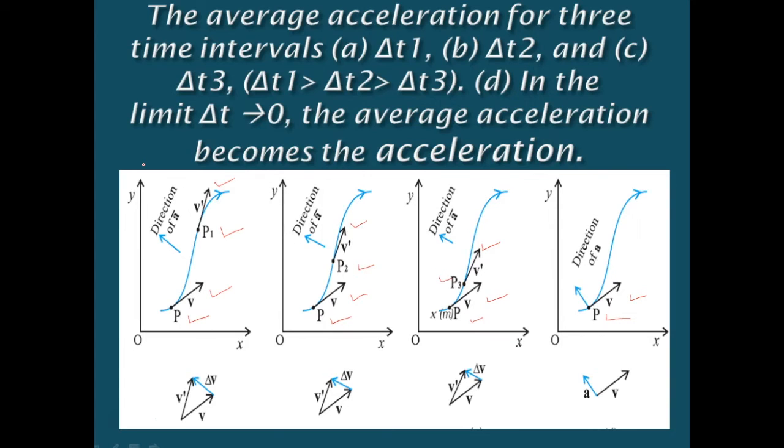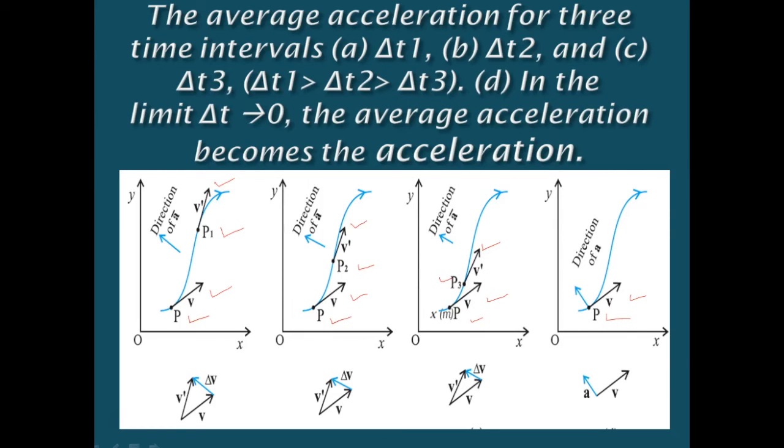By definition, the direction of average acceleration is the same as that of delta v. So as delta t decreases, the direction of delta v changes, and consequently the direction of the acceleration also changes, because the direction of delta v and the direction of acceleration both are the same.